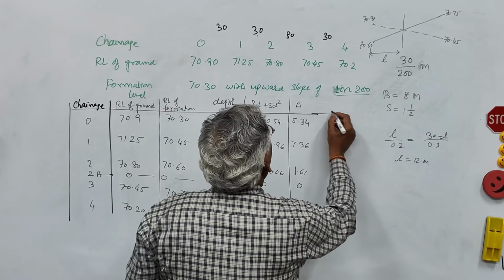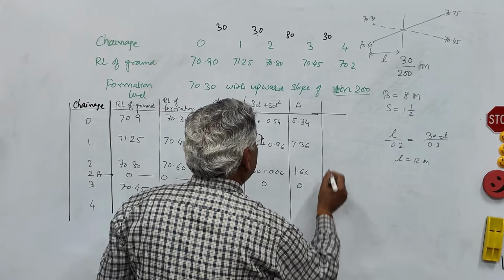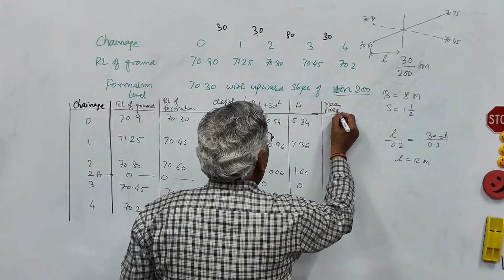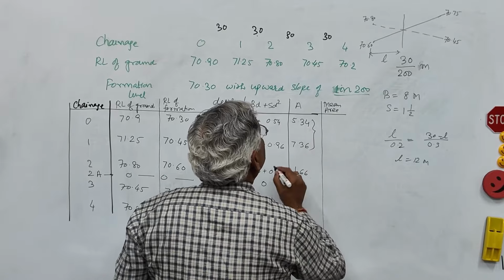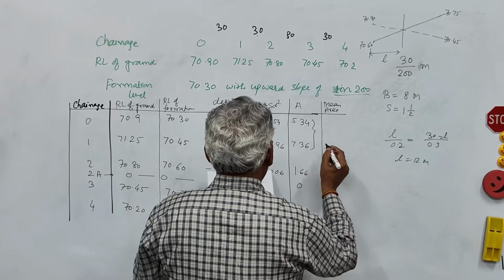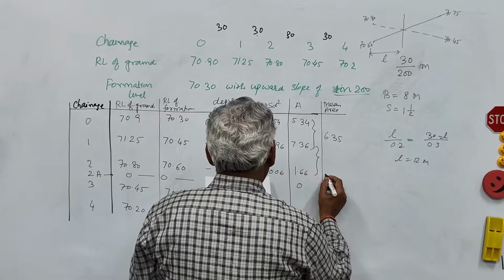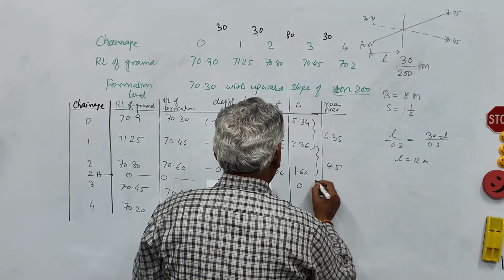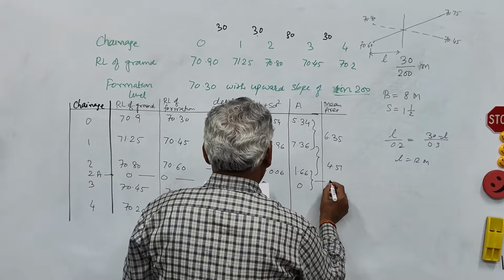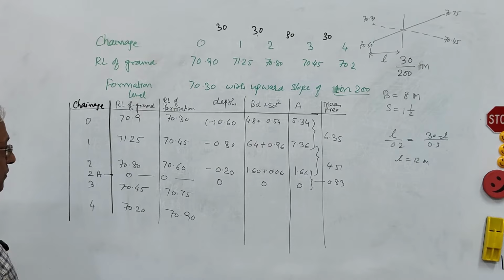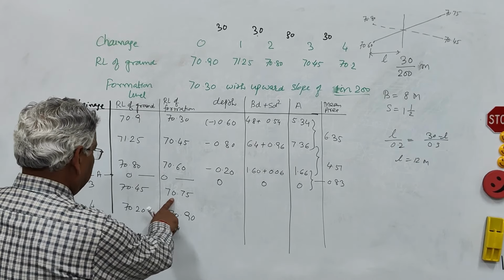Now in the next column you take the mean area. Mean area is the average of these two values. So this is 6.35. Average of these two values is 4.51. Then average of these two values is 0.83 meters square. Now you have this one.